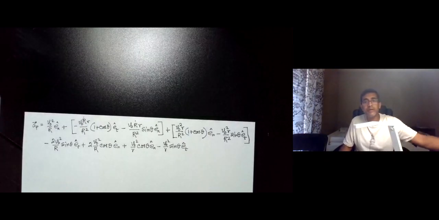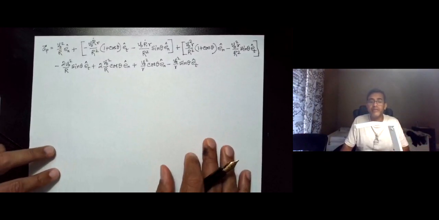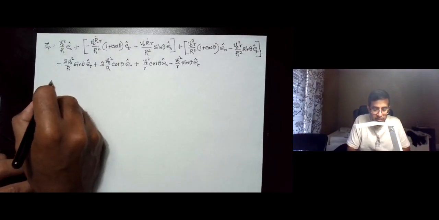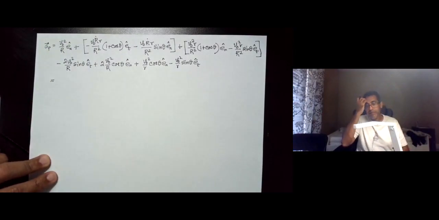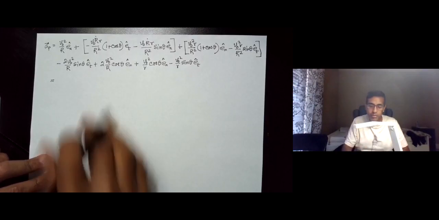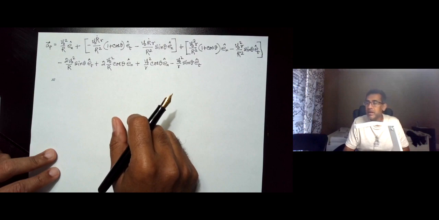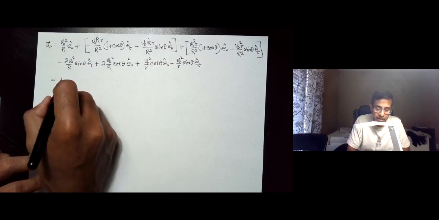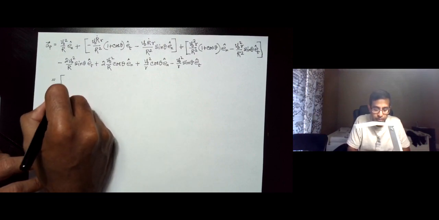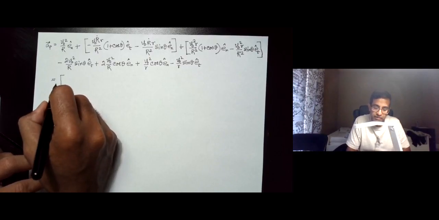Okay, so we have put together all the terms. Now it's just a matter of rearranging. We can see that the unit vectors that show up are En and Et. So all we need to do is collect the terms that have Et and En in them. So let's put together the terms that have Et in them.